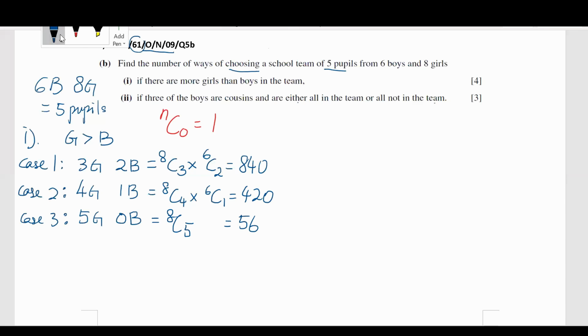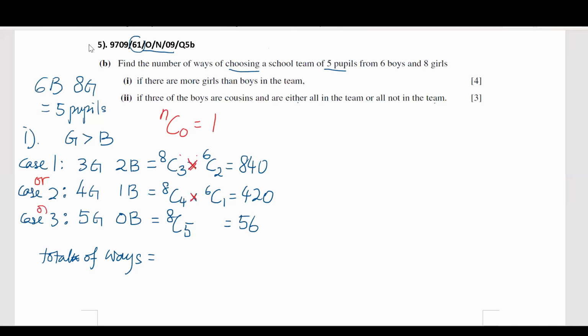So if we are looking for the total number of ways, as I mentioned before, when I emphasize 'and', I multiply. So for case 1, we have this number of ways to select boys and to select girls, so we multiply them. Or we have case 2, so this and this.